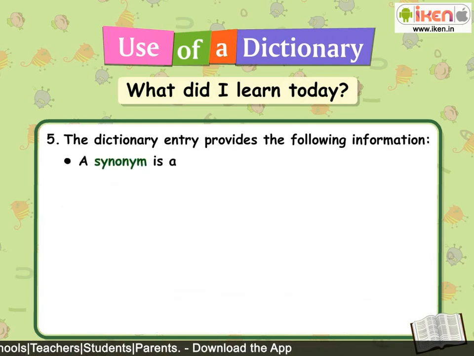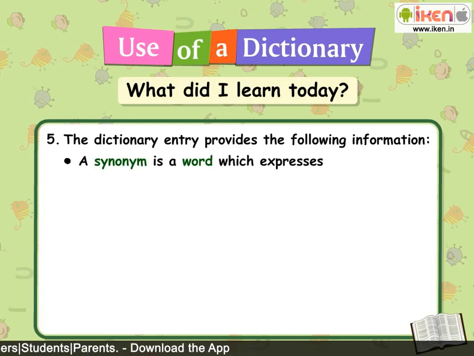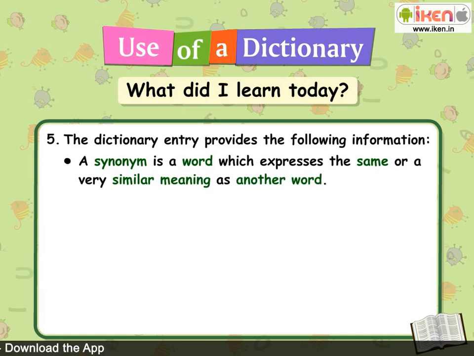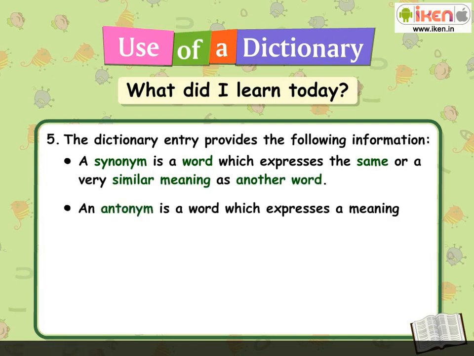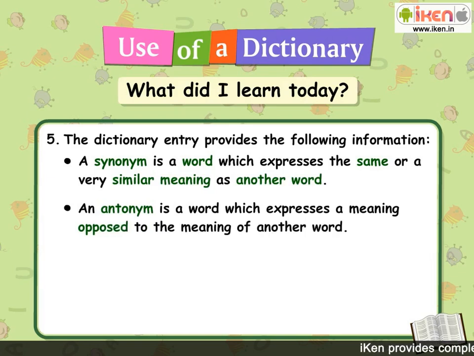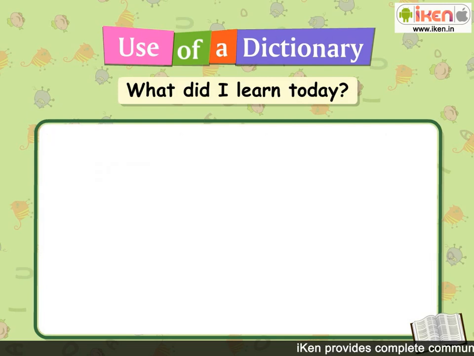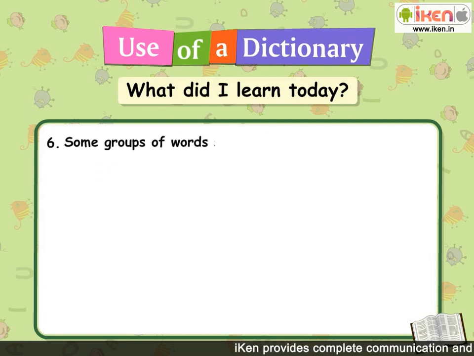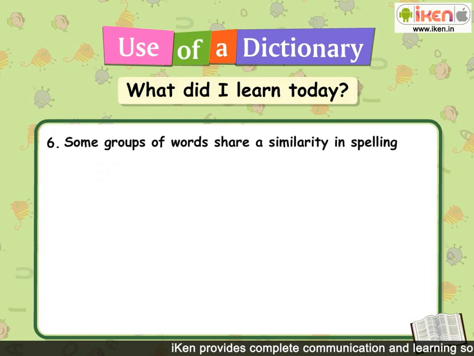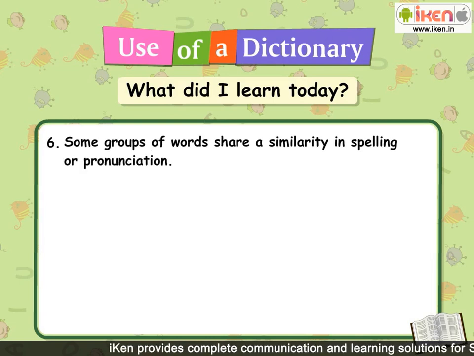A synonym is a word which expresses the same or a very similar meaning as another word. An antonym is a word which expresses a meaning opposed to the meaning of another word. Some groups of words share a similarity in spelling or pronunciation.